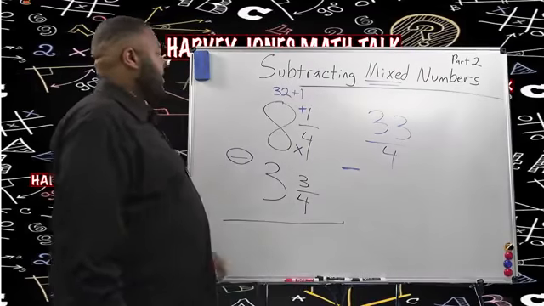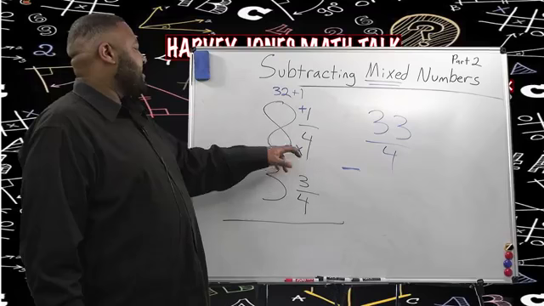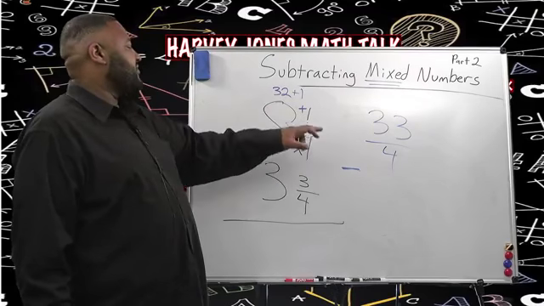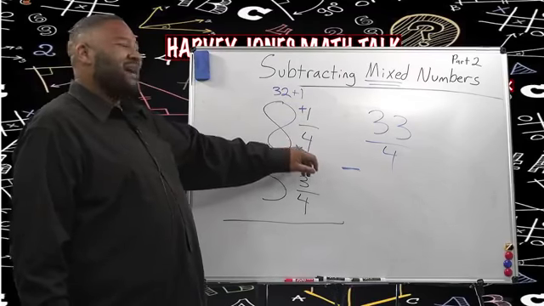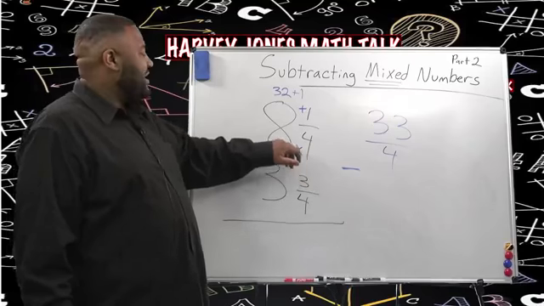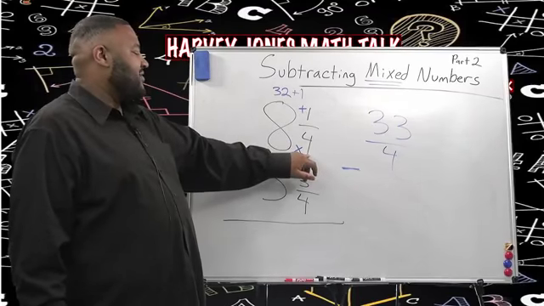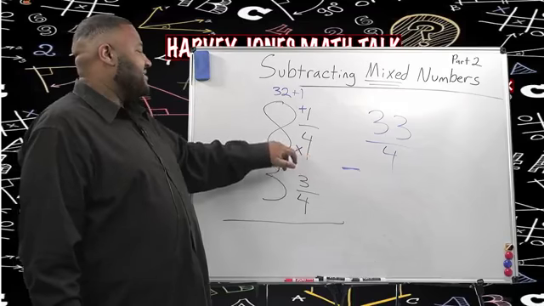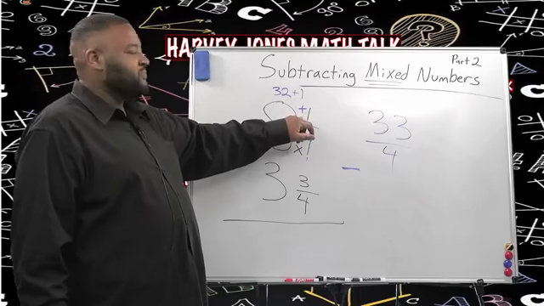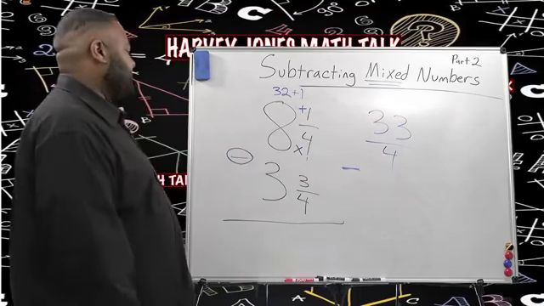Make sure I did that right. 8 times 4 is 32, plus 1 is 33. I multiply my denominator by 8, and then I add the numerator. And that gives us 33 fourths.